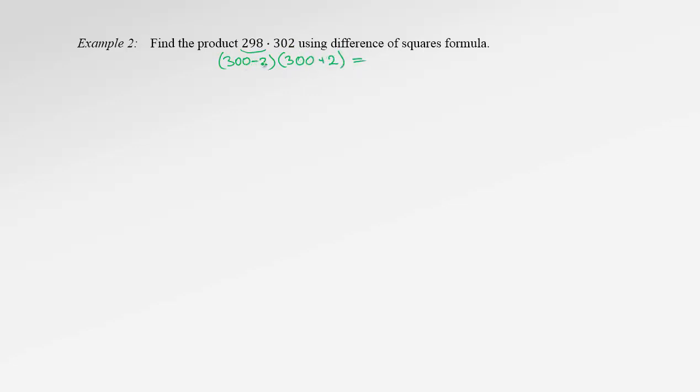Well, notice that we can use difference of squares here, and that becomes the same as square of 300, which is 9 and 4 zeros, 90,000, and minus square of 2, which is 4. Okay, so we have 90,000 minus 4, so it's the same as 89,996. So to me, it's amazing. We can calculate such a large product without any long multiplication or use of a calculator. That's where I see beauty and power of mathematics.